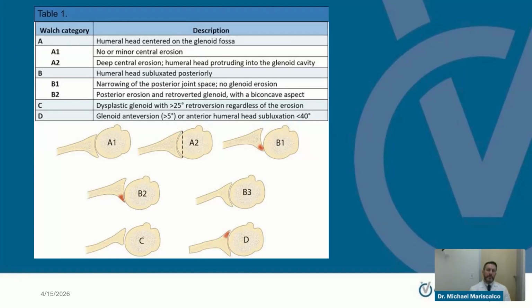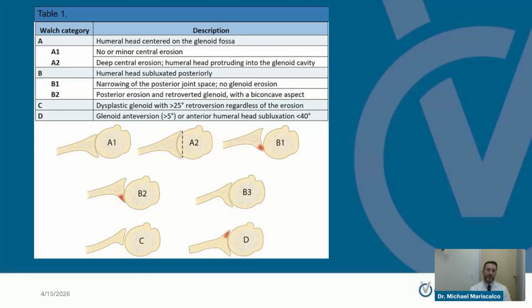So there's been a classification system for this condition, which we won't go into all the details, but I think this slide is helpful to point out that this is a ball and socket joint, and that over time, this arthritis problem can cause a wear pattern asymmetrically to the socket.